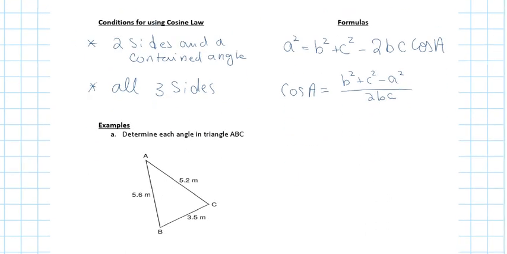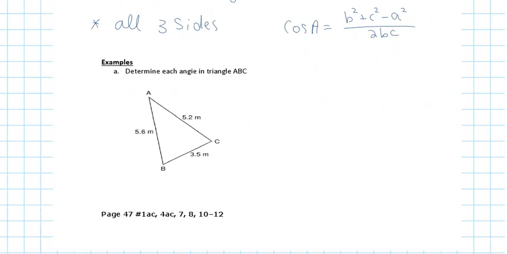So it asks me to determine each angle in triangle ABC. So I need to find all three angles. I have to use cosine law first because you have all three sides. Which angle do you want to find first? A. Okay, let's look for angle A first.